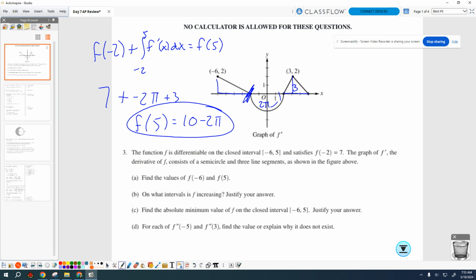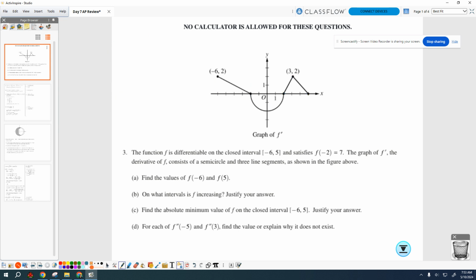Okay. On what intervals is f increasing? Sasha, what do we look for to find where something is increasing? Where the graph of f prime of x is positive. Okay.